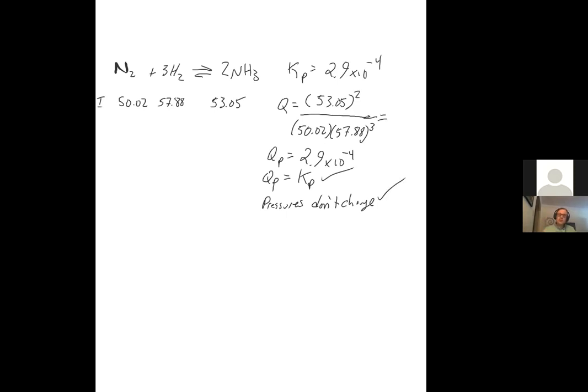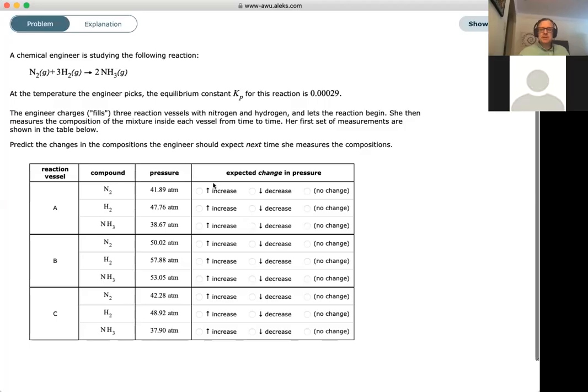So for the second one, part B in this particular problem, this one right here, it just turns out those three pressures correspond to 2.9 times 10 to the minus 4, which means it's already at equilibrium. So there's not going to be changes in anything. Okay. So here we saw there were changes because Q sub P was greater than K sub P. Here we saw no changes because Q sub P is equal to K sub P.